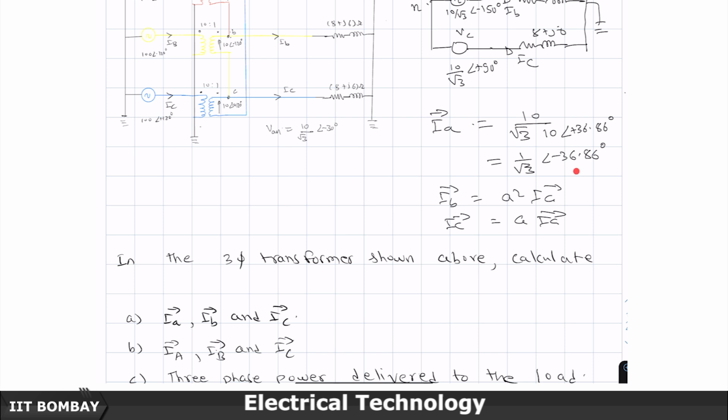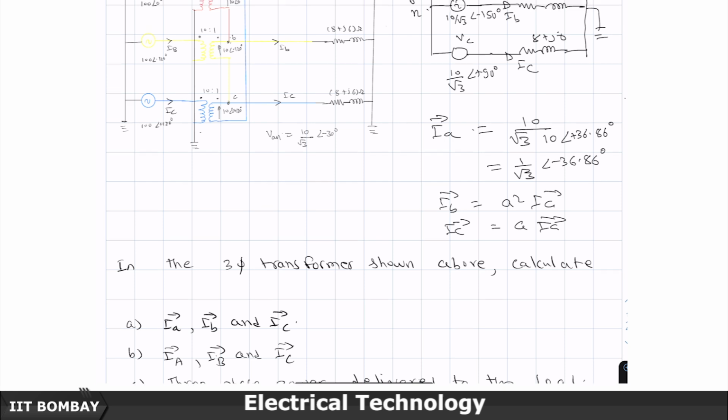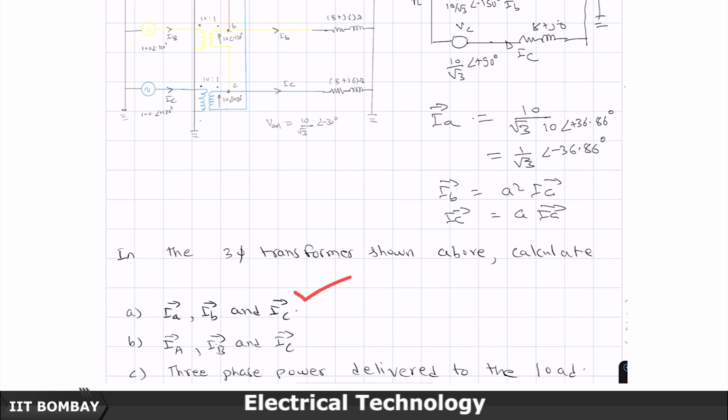Or you can add minus 120 degrees here and you can add plus 120 degrees here, and the magnitude of the current, which is 1 by root 3, is not going to change. All right. So this part we have taken off. I'll rub this because I need this space to do my work.